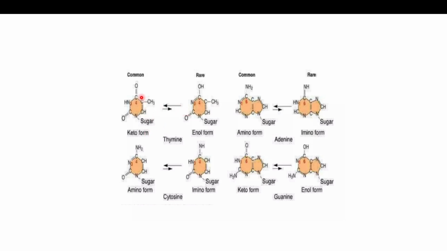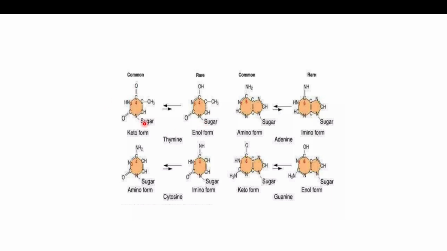And sometimes this keto form can eventually give rise to the enol form. So here there is a double bond between C and N, like an ene double bond, and then here the OH appears, so it becomes enol, alcohol, and ene here. Okay, double bonded region here, so it is the enol form.